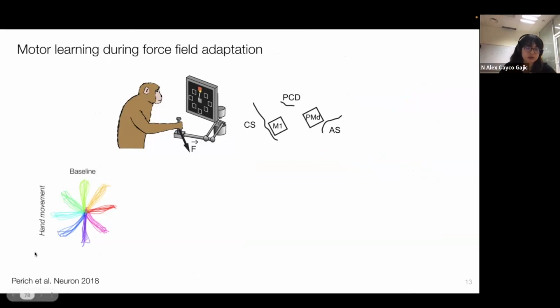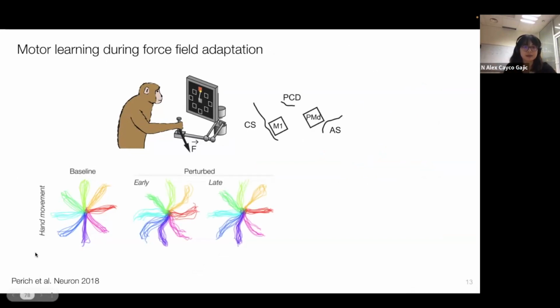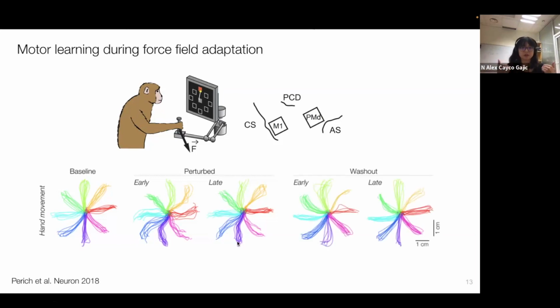So he moves the cursor. In the perturbed trials, they add a force perturbation to the joystick, which causes the monkey to make these curved trajectories, which then straighten out over the course of adaptation. And then in the washout, they remove the force field, which causes it to first start to rotate in the other direction and then eventually straighten out.